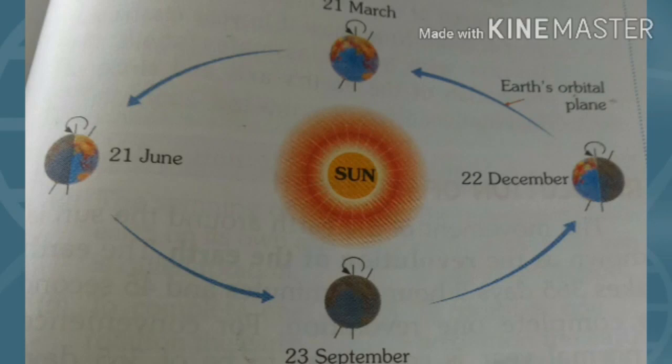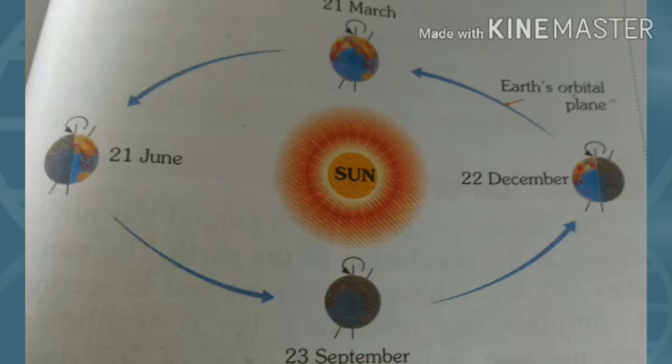The earth moves around the sun from west to east direction. Okay. Then the earth revolves around the sun at a speed of about 30 km per second or approximately 108,000 km per hour. Children, once again I'll repeat.